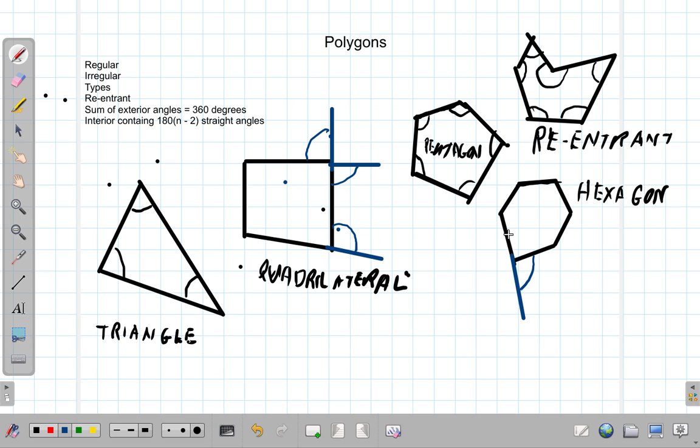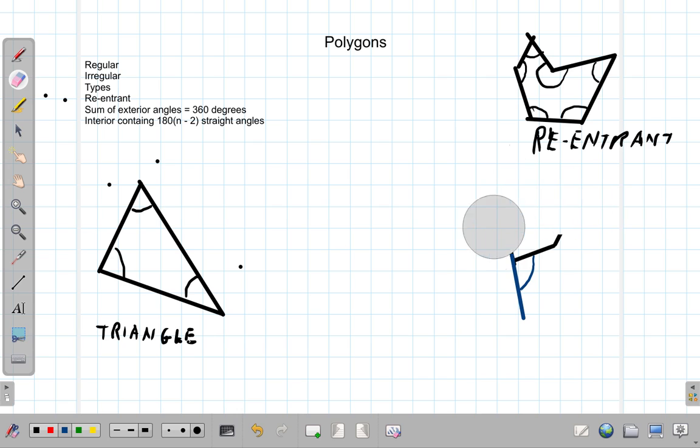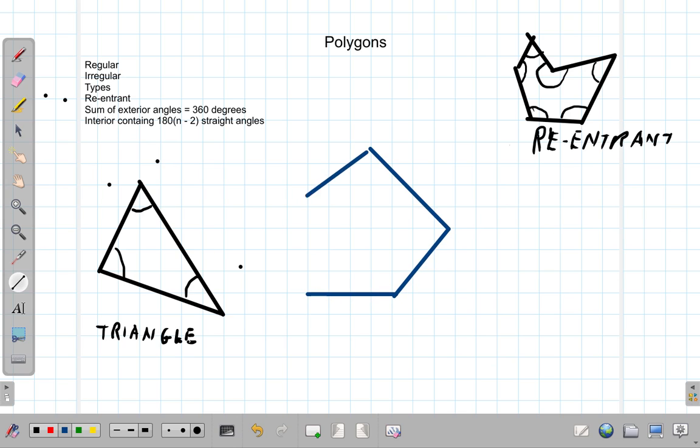Now all the exterior angles add up to 360 degrees, and it doesn't matter how many sides the polygon has. Let us say, for example, we have a pentagon. Let's draw a pentagon somewhere here. So we have 1, 2, 3, 4, 5 sides. Let's extend this, this, and this.